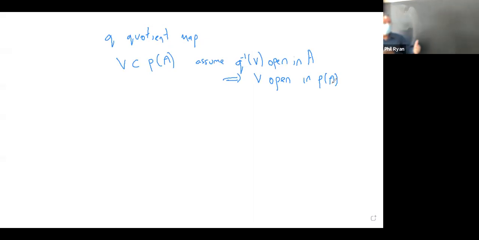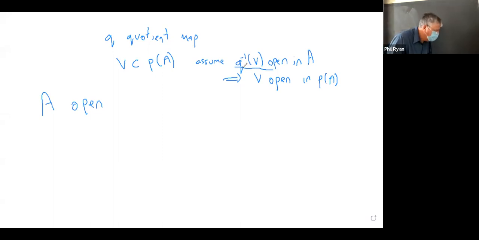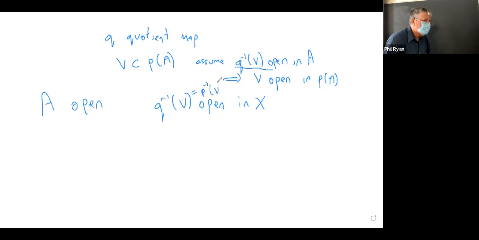Right, so we're restricting things to that subset A. Well, if A is open, the fact that Q inverse of V is open in A means that if it's open in A and A is open in X, then Q inverse of V is open in X. And remember that this equals P inverse of V by our lemma.